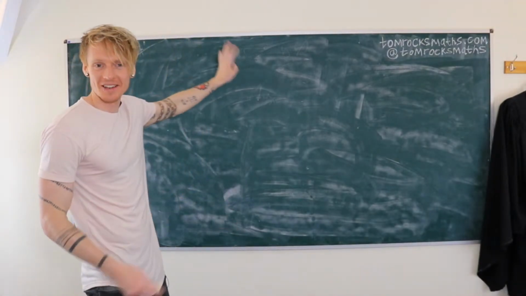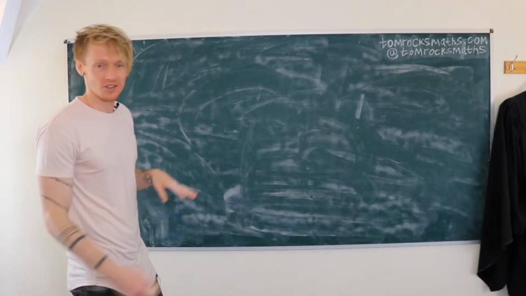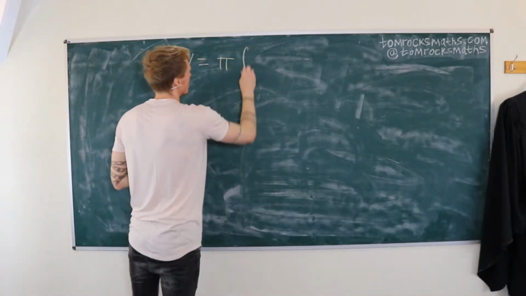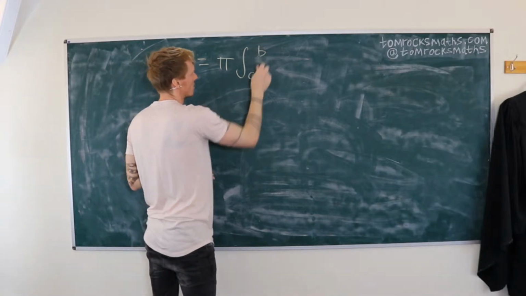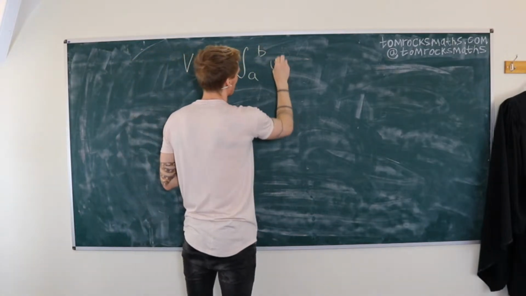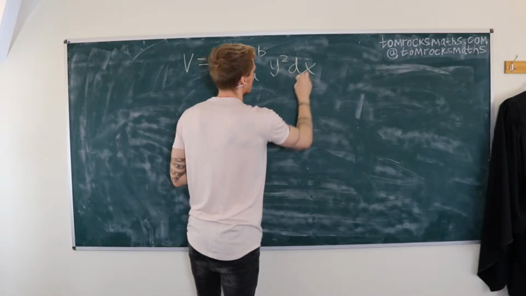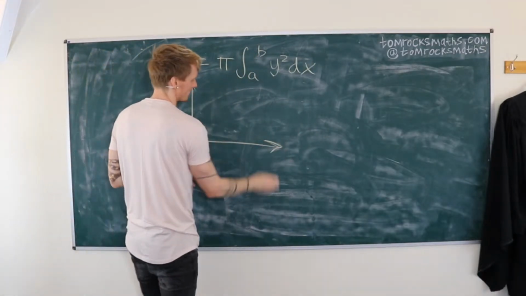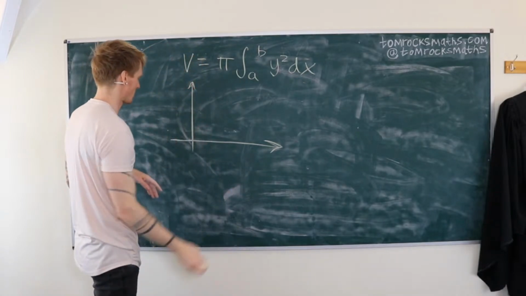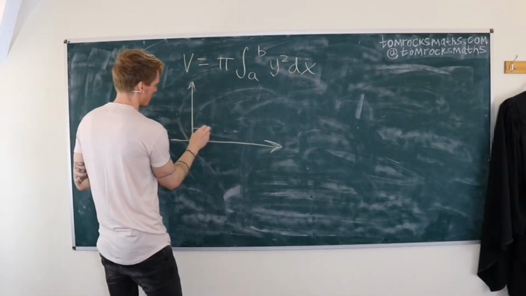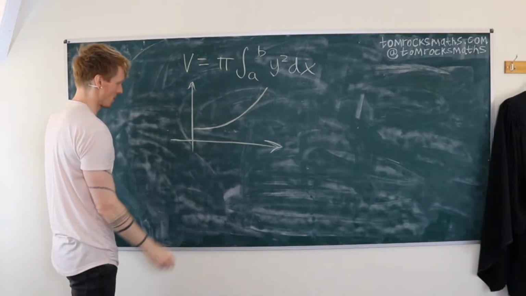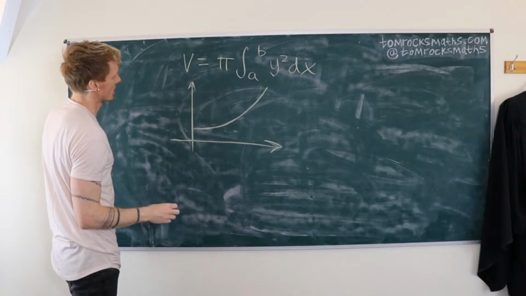So I mentioned earlier the volume of revolution. Just to remind us, the formula was we had pi, we had the integral from a to b, our 2 points, then we had y squared, and then we had dx. So if we're thinking about e to the x, right, so e to the x looks like this between 0 and infinity.